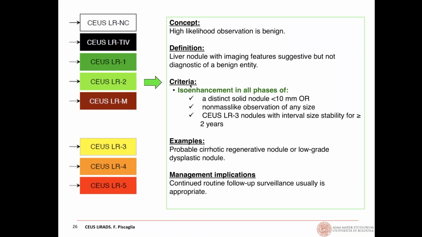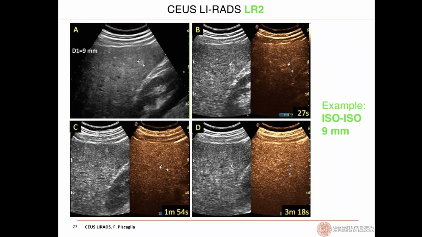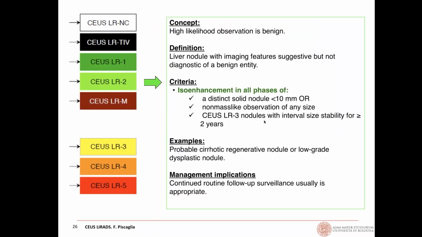So CEUS LR2 are rarely met, and these occur only when there is a very tiny lesion, less than 10 millimeters, or not a clear lesion, so some inhomogeneity, with isoenhancement in all phases, or a lesion that was previously LR3, intermediate risk of HCC, but has been stable in size for more than 2 years.